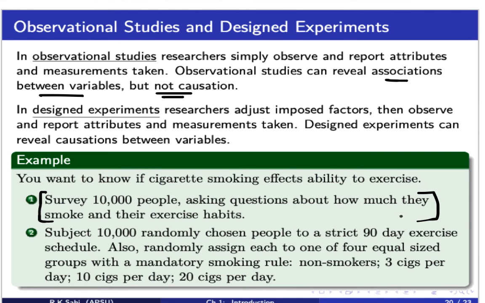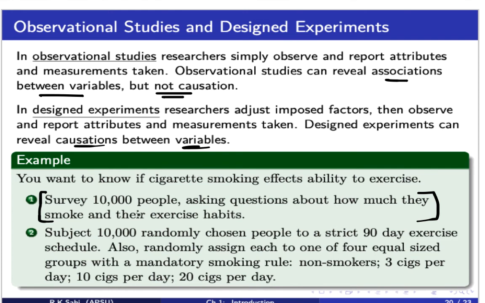Okay, let's look at a designed experiment. In a designed experiment, researchers adjust imposed factors, observe and report the attributes and the measurements which were taken. Now, they can reveal some causation between the variables.